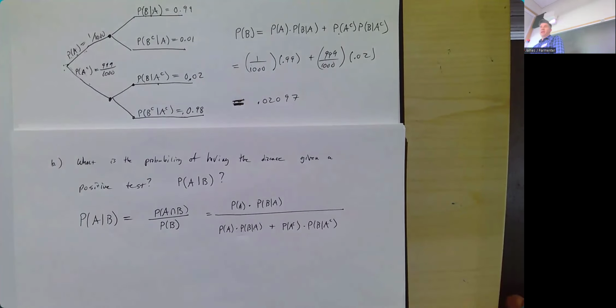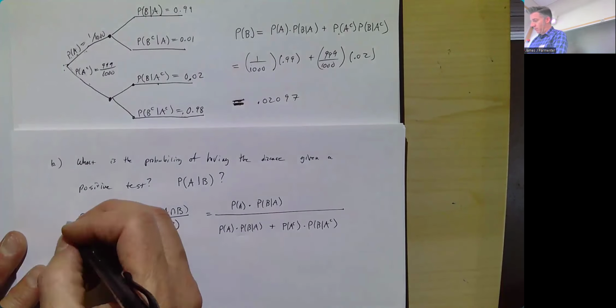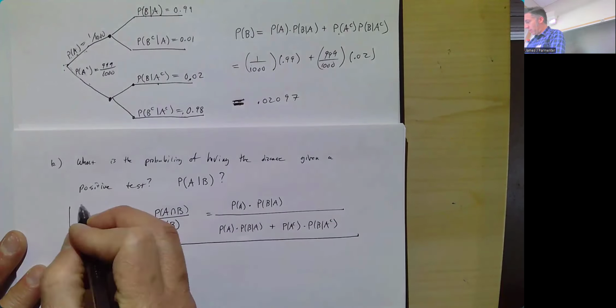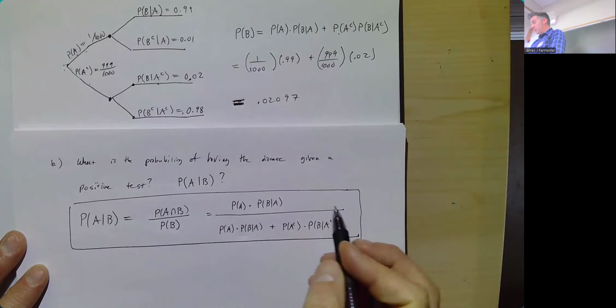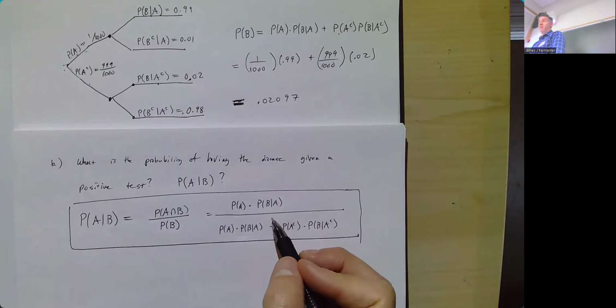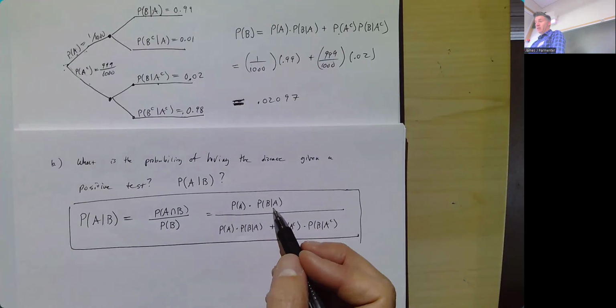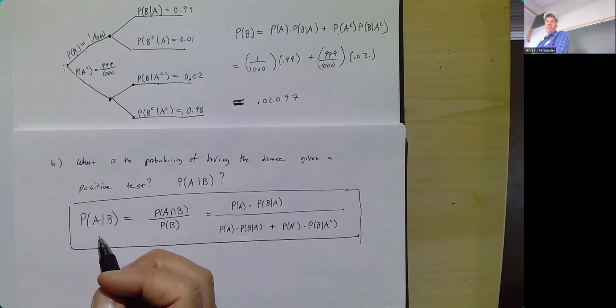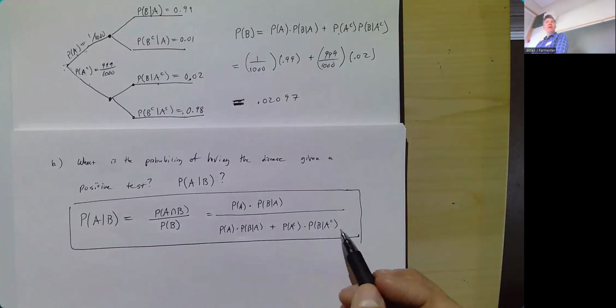This is actually Bayes formula, or Bayes rule. We're starting with the conditional probability of B given A and finding the reverse conditional probability of A given B. I don't think you need to memorize this formula. I'm just writing it out so you can see it a few times.